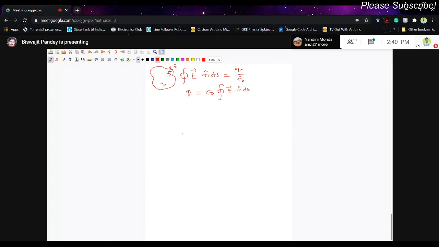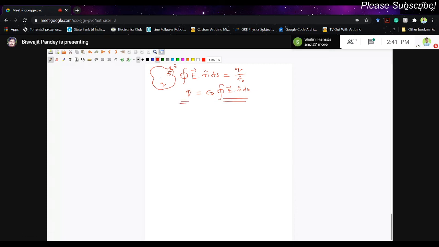I also told you, from observation, that charge is an invariant quantity. So whichever inertial frame you go to, it should remain the same. Whichever surface you choose, if you go to a different inertial frame, you should get the same charge. That means you must have the same flux also, otherwise the charge will change.